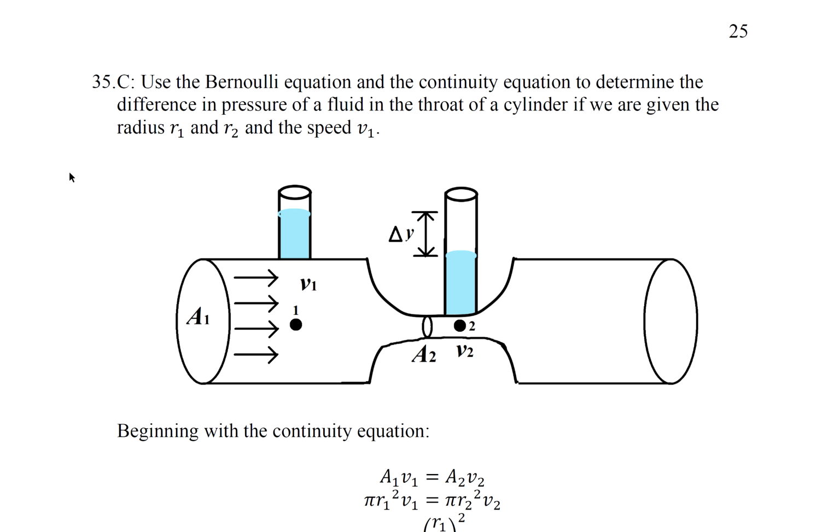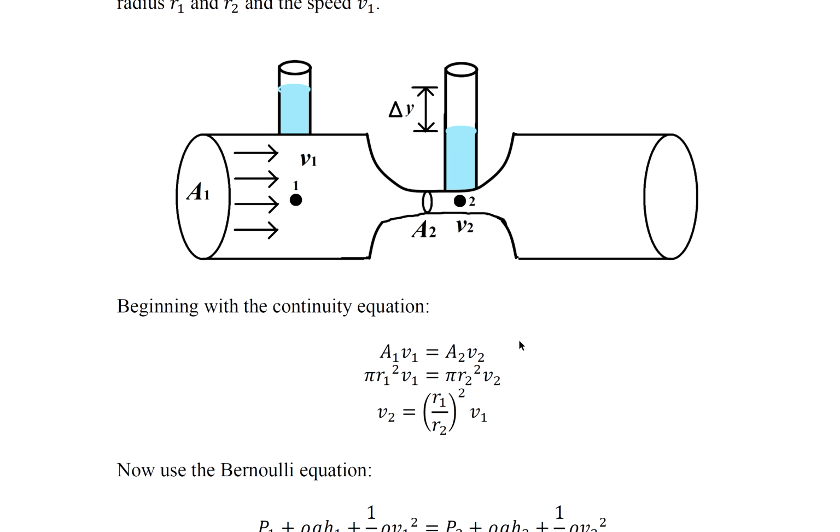Question 35. Use the Bernoulli equation and the continuity equation to determine the difference in pressure of a fluid in the throat of a cylinder if we are given the radius R1 and R2 and the speed V1. So this is called the throat of the cylinder. So beginning with the continuity equation, we get this. V2 is in terms of V1.